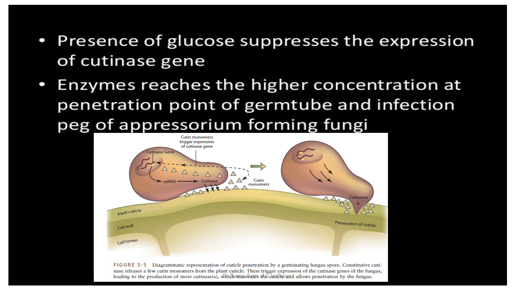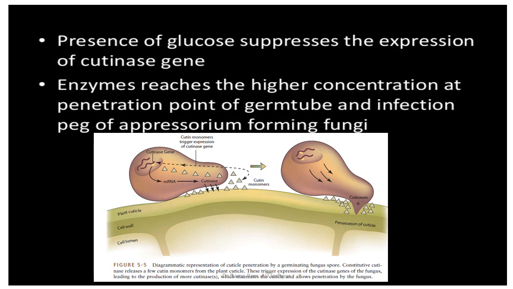So there is a good correlation of cutinase level and virulence, meaning pathogens that produce more cutinase enzyme are more virulent, more aggressive.